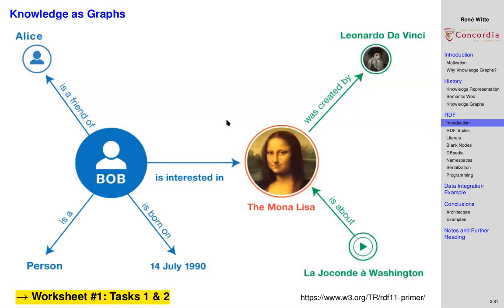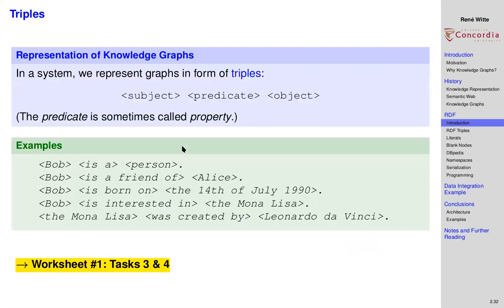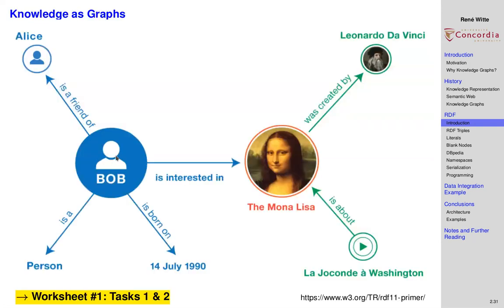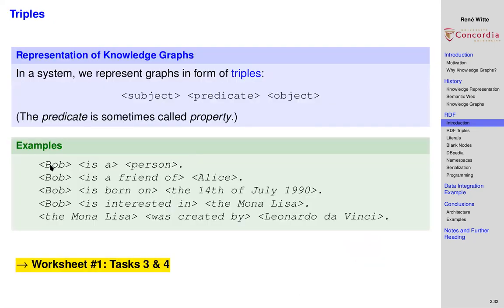For example, if we look at this graph here, we can write it down in the form of triples that look like this. We have a subject, Bob, a predicate, is a, and an object, person. The part of the graph that says Bob is a person, we can write down as a triple: subject, predicate, and object.